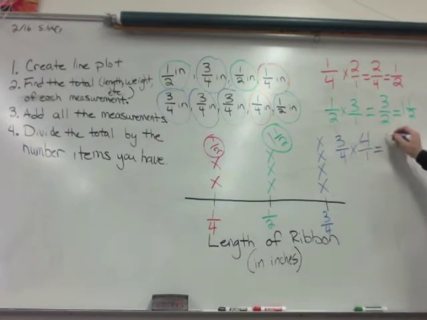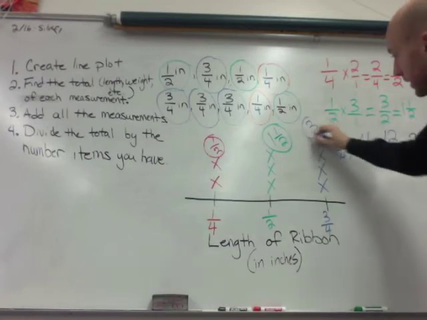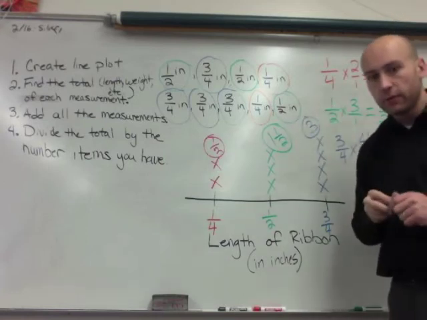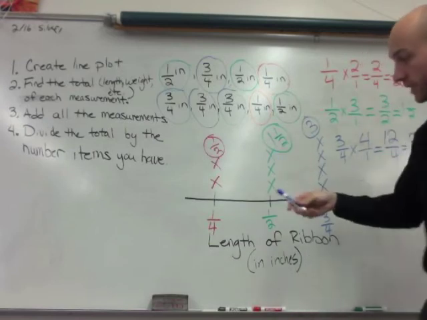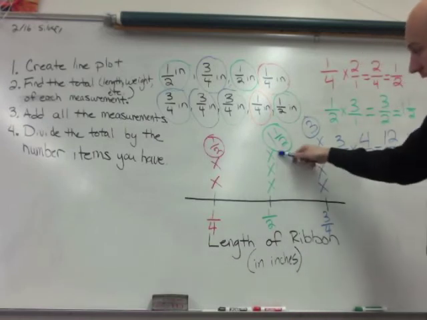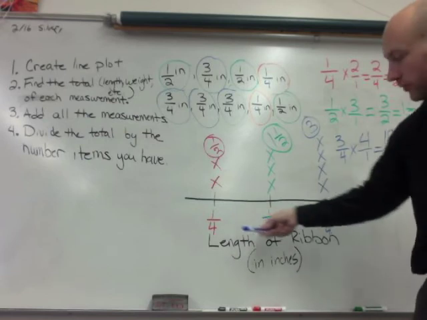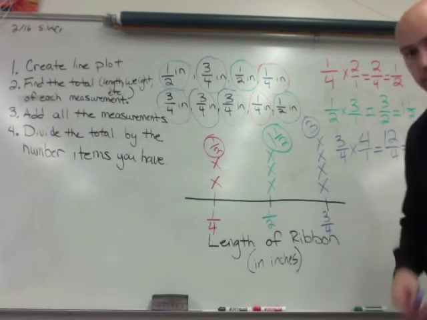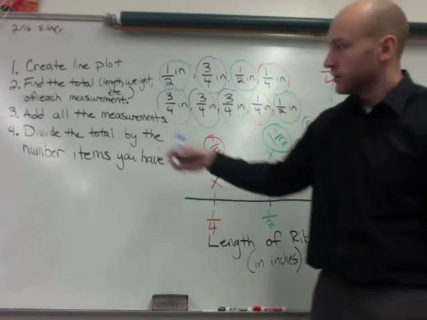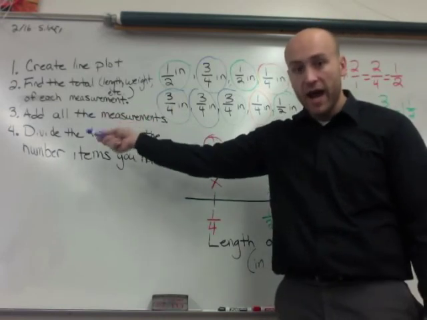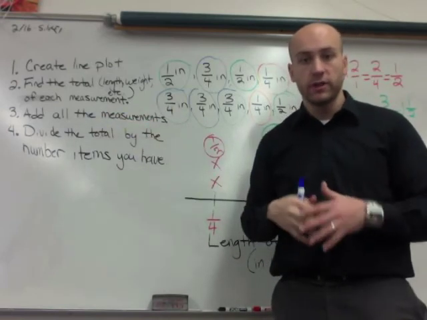I'm going to put my whole number over 1 and multiply straight across. 3 times 4 is 12. 4 times 1 is 4. If I simplify that, 4 goes into 12 3 times. So here is my total length on that one. Okay, so we did step number 2. What we did is we found the total length of each category of the 1/4, 1/2, and 3/4 inches of length.